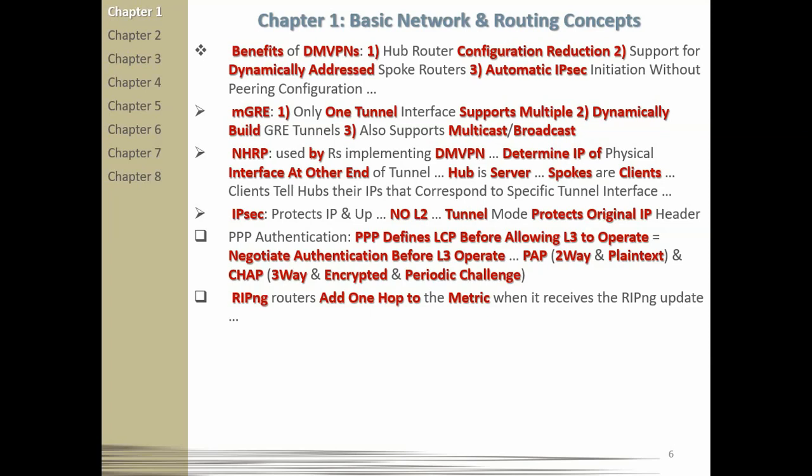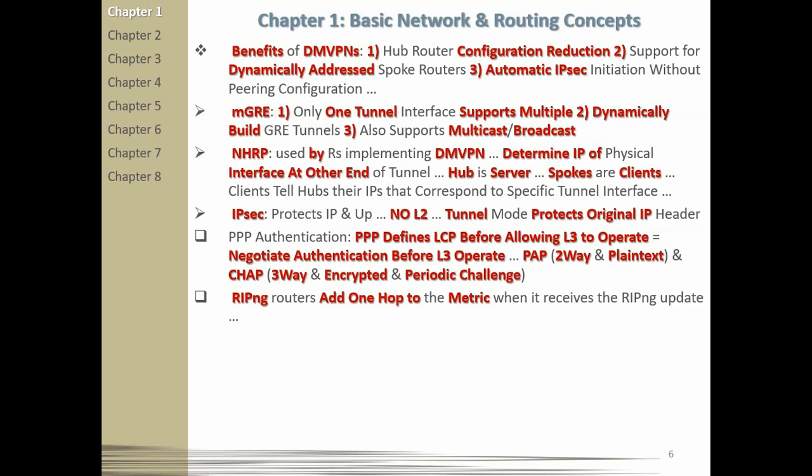Next up, we want to talk about Routing Information Protocol, RIP and RIPng. RIP uses hop count, as you know, the number of routers, as the metric. That means if a device has two paths to a destination, the path with fewer hops is going to be chosen as the preferred path to forward traffic.